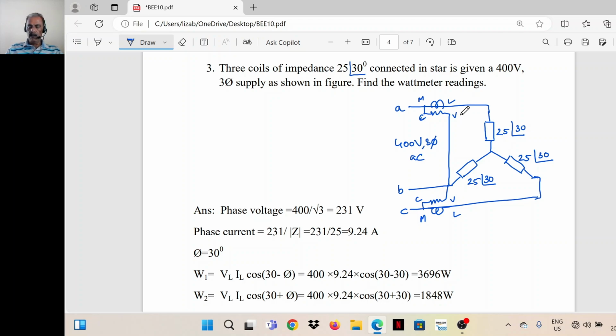Now we have to find these wattmeter readings. Supply details: 400 volt three-phase supply. Frequency is not given and not required. The load is balanced, that is 25 angle 30 in each phase.